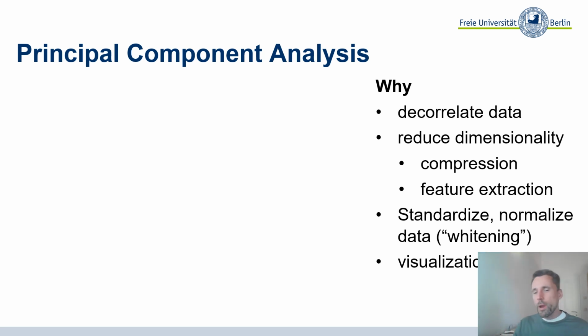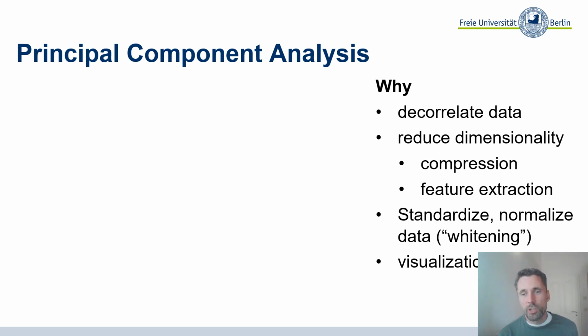And sometimes we want to throw away a couple of dimensions because they're sufficient to describe the data. And this improves our machine learning classifiers, for example, having to cope with a lot less numbers. And this can be done to compress the data, but also to extract those features of the data that are relevant. And relevance really here translates into the data set showing a lot of variation in these directions.